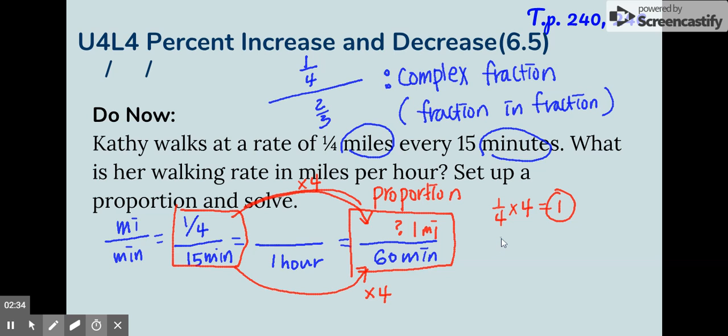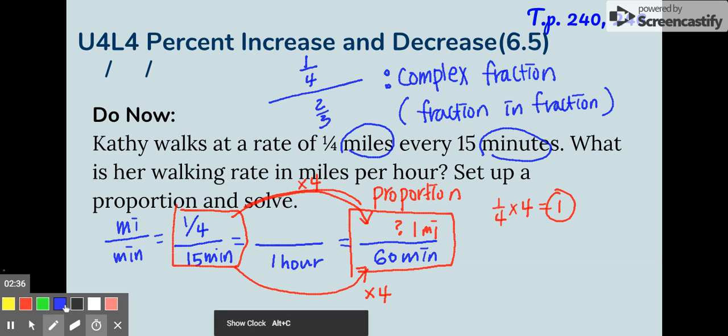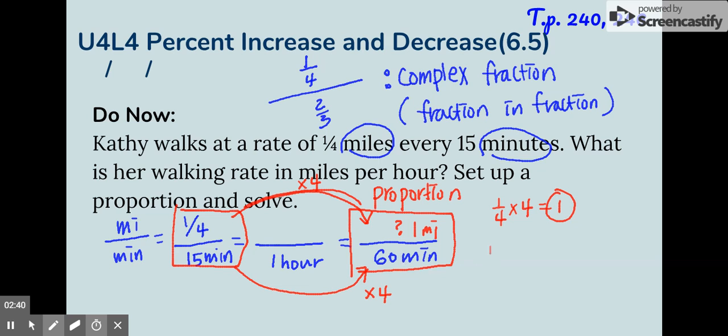If you want to do cross multiplication, you can also do that. So let's do cross multiplication. Let me just rewrite it. 1/4 over 15, and x, because we don't know how many miles per 60 minutes, right? Multiply these two: 1/4 times 60 and 15 times x.